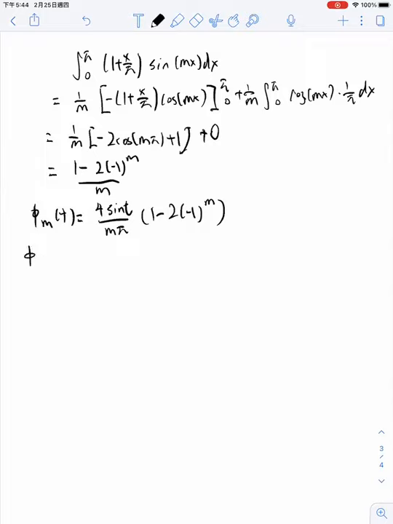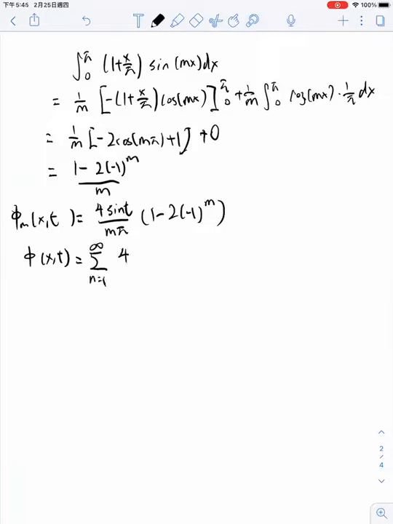This part is the expansion for each m, and the total non-homogeneous part is equal to the summation of this function.